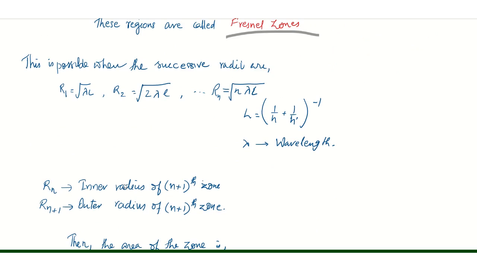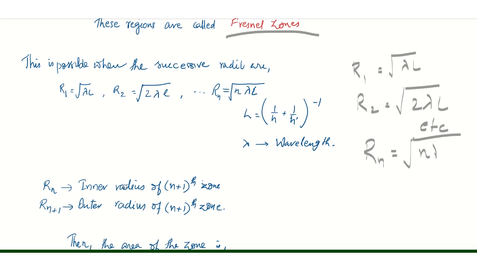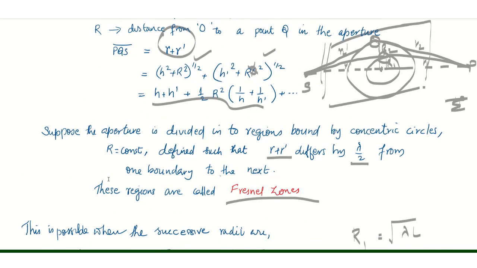And you can see that the successive radii are R1 equals square root of lambda L, R2 equals square root of 2 lambda L, etc. If you have an nth zone, then that becomes n lambda L. You find it from this expression for the two radii.